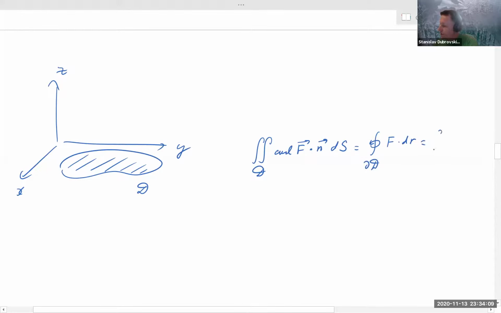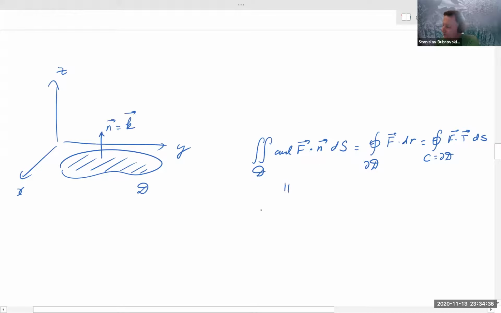Well, that is, of course, just the tangential component of f, f dot T ds with respect to arc length over the boundary C. But on the left-hand side, what is the normal? What is the unit normal to the flat surface like that? That is just k.